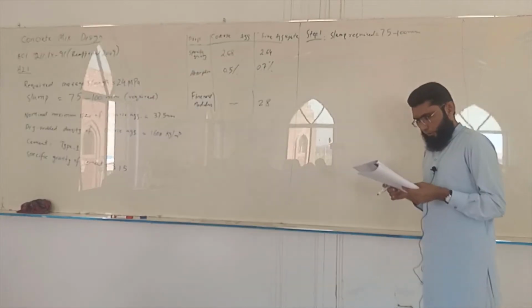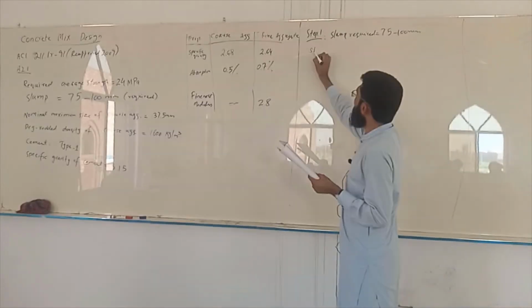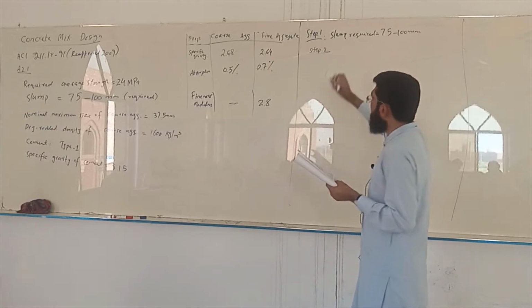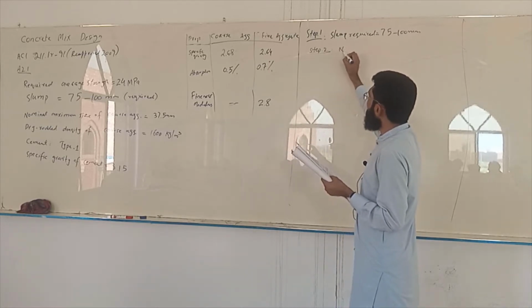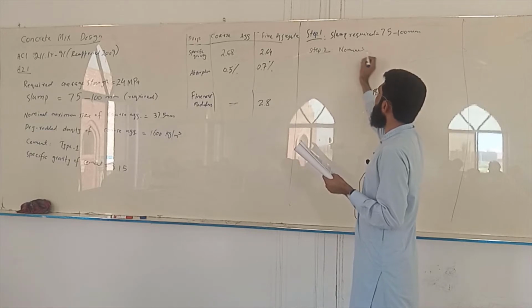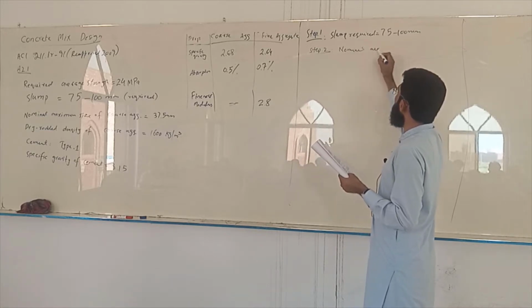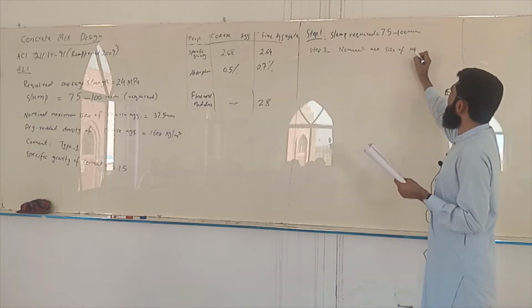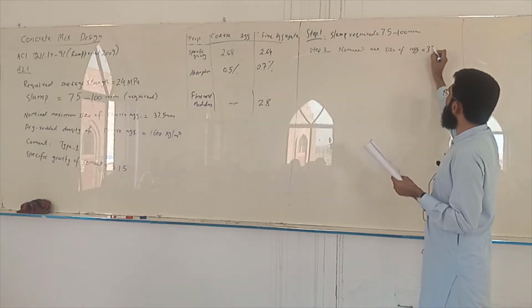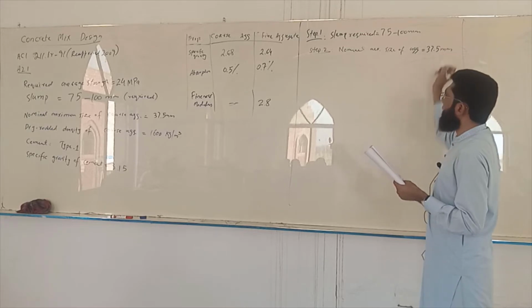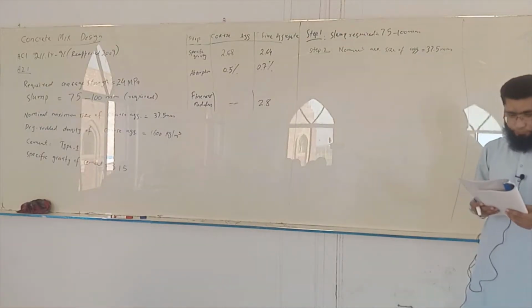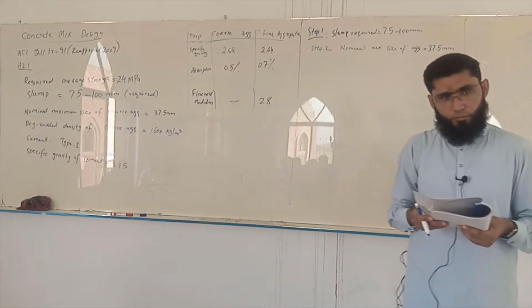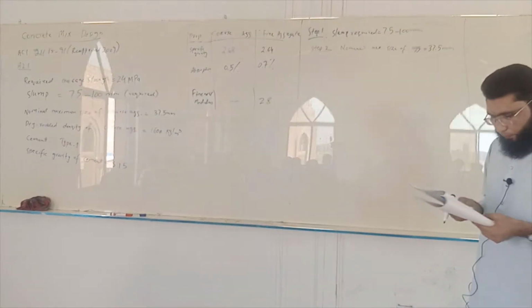And step 2 is to list down the nominal maximum size of aggregate, coarse aggregate of course. It is 37.5.